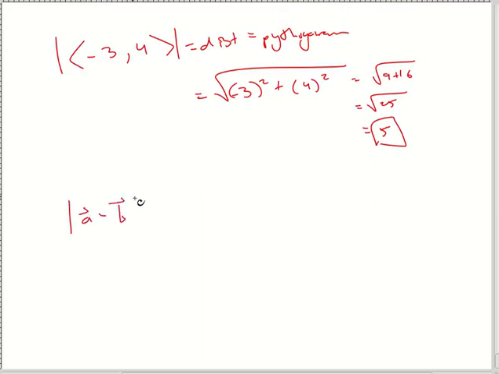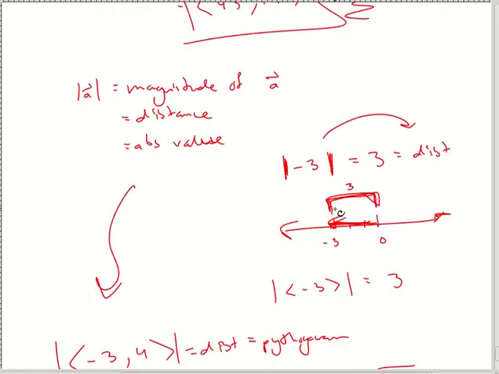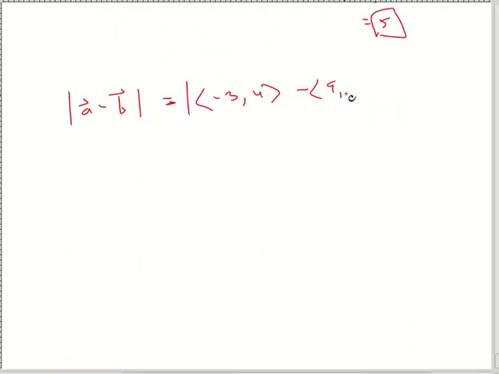Okay, last one. A minus b, and then the magnitude of that. So the magnitude of negative 3 comma 4 subtracting 9, negative 1. Of course, you start with the stuff on the inside. That's actually going to be distributed into there, right?